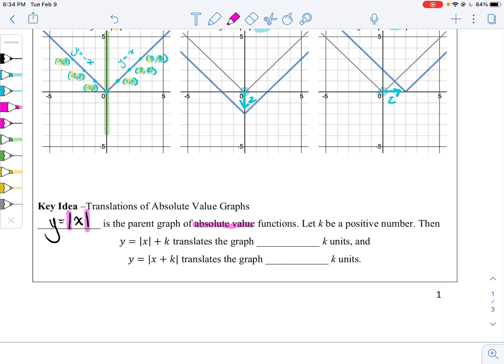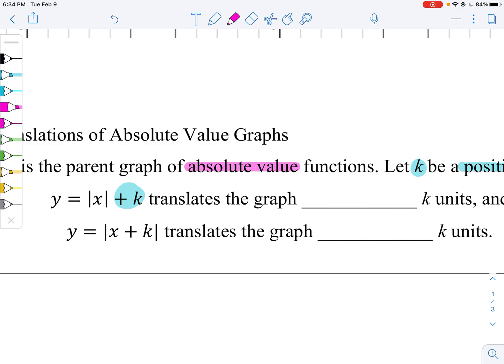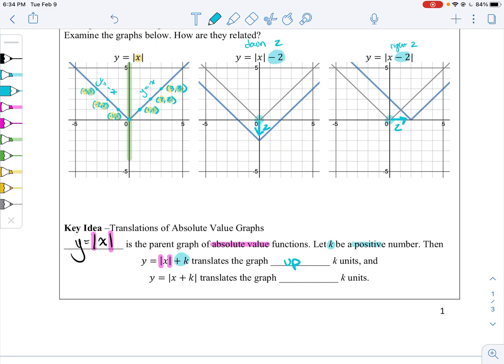Now, k is any positive number, that's important. When you have plus k outside of the absolute value, that's going to translate the graph up k units, because here we had negative 2, and that went down. So positive, the opposite direction, must go up.